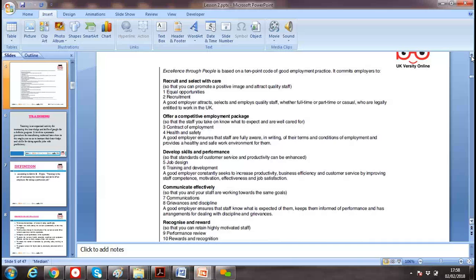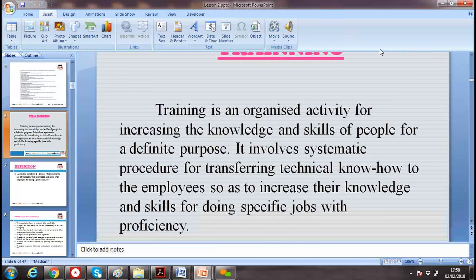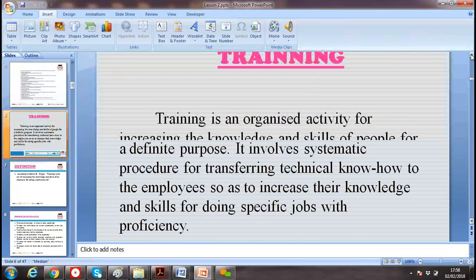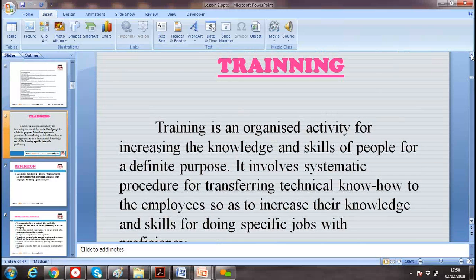Communicate effectively so that you and your staff are working toward the same goal. Communication, grievance and disciplinary procedures need to be in place, and recognize and reward. Those who are performing better should get a reward for it. So we need to look at good recruitment and selection as well. All these we need to follow as an organization.